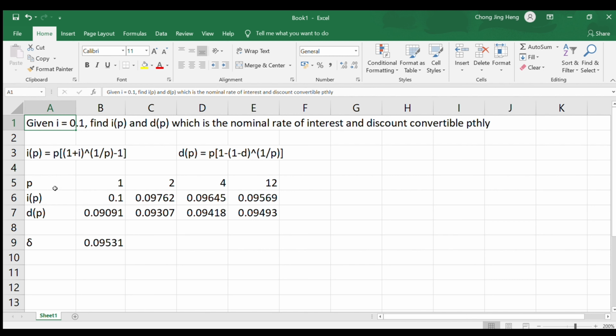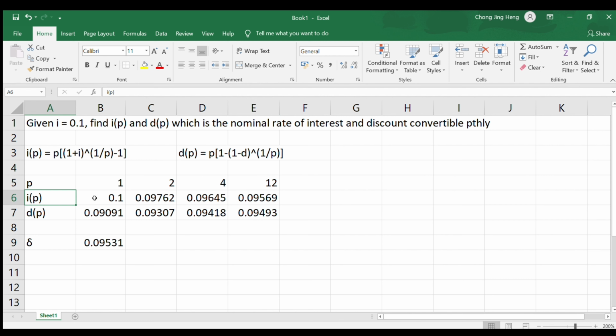We let p equal 1, 2, 4 and 12. 2 means convertible half yearly, 4 means convertible quarterly, and 12 means convertible monthly.